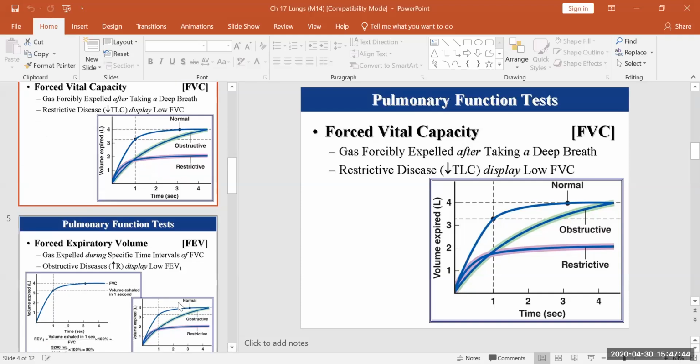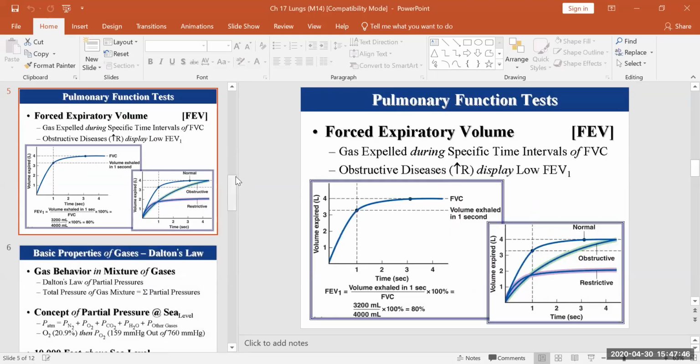Moving on to the next test. This is the amount of air that the patient can breathe out in the first second. This is the normal patient, right? For the first second, out of a total of 4 liters, you get around 3.2. So that's 80%.